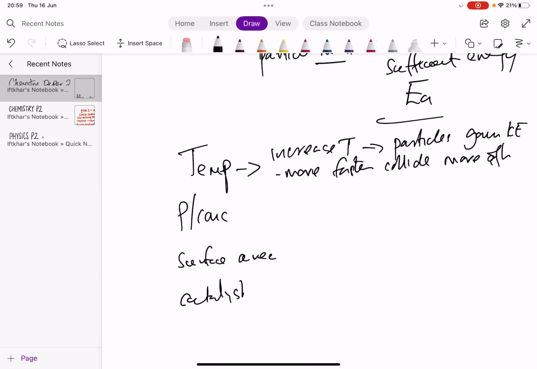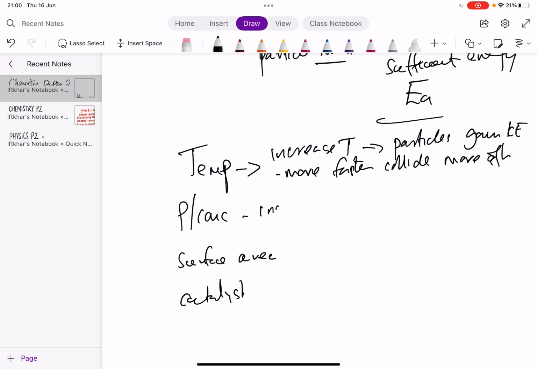Frequency of collisions goes up, that means there are more successful collisions per unit time, per minute. So more particles will now collide with energy greater than activation energy.